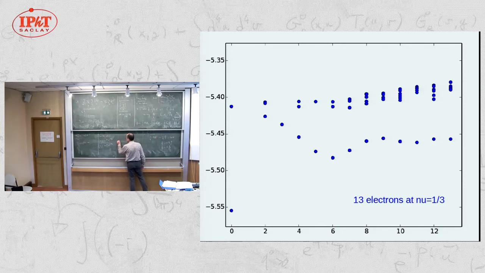So it's no surprise that they can be used to construct the wave functions. And in fact, the lowest Landau level is spanned by a set of wave functions, which I call phi S, M, which is u to the S plus M, v to the S minus M, where M goes from minus S to plus S. And this S, which stands for spin, between quotes, is not, of course, the real spin. This S is simply 1/2 of the number of flux quanta through the sphere, N phi.